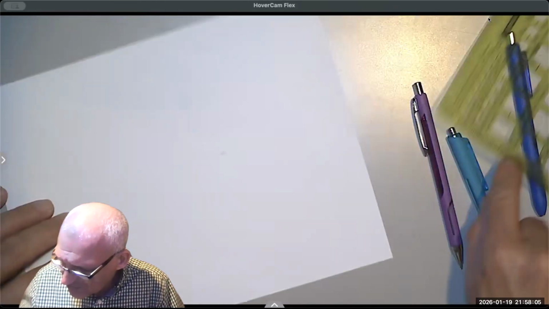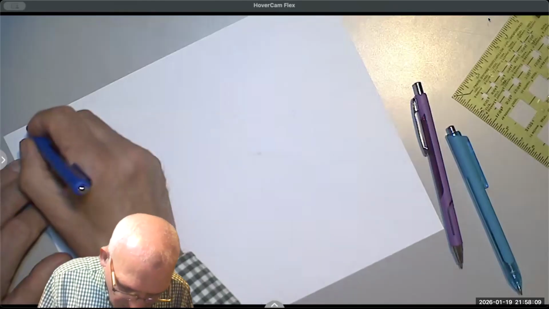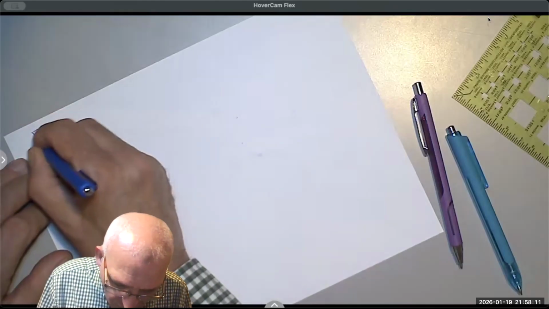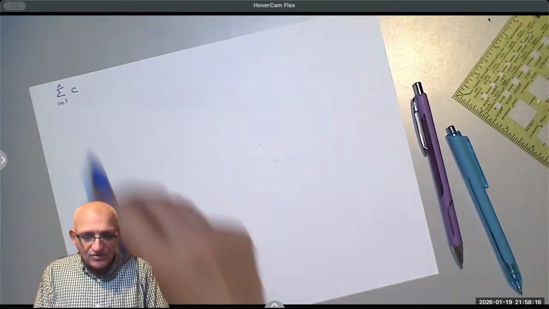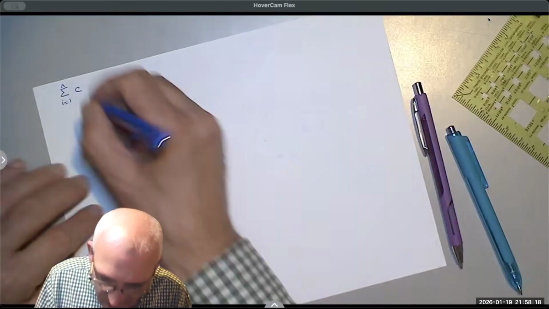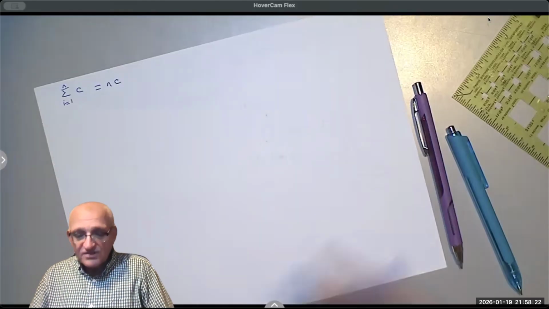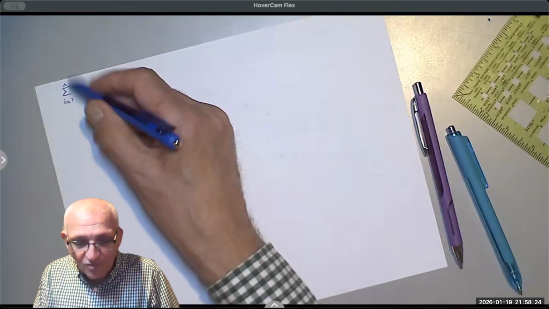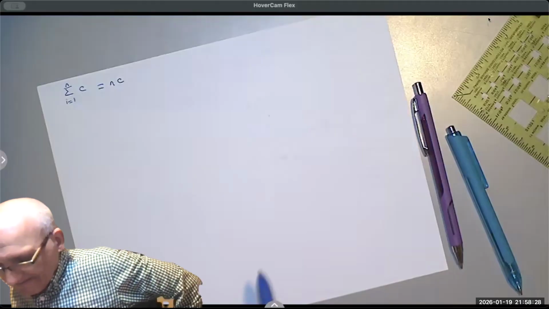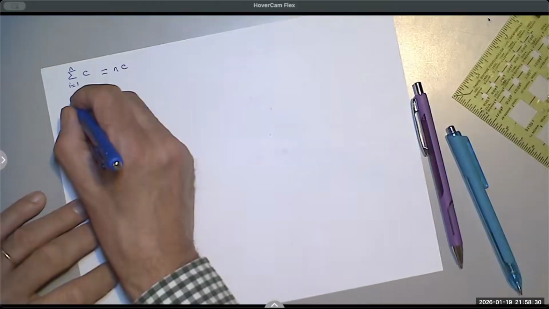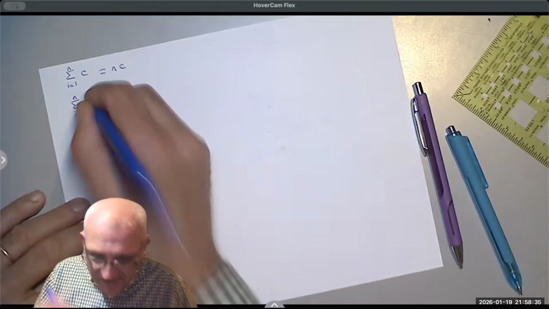So here we have to find out, if I have a constant c, what is the summation I going from 1 to n of c? Meaning I'm counting c n times. That's nc, right? Or the summation of I going from 1 to n of 1 is n, right? What is the summation of I going from 1 to n of I?